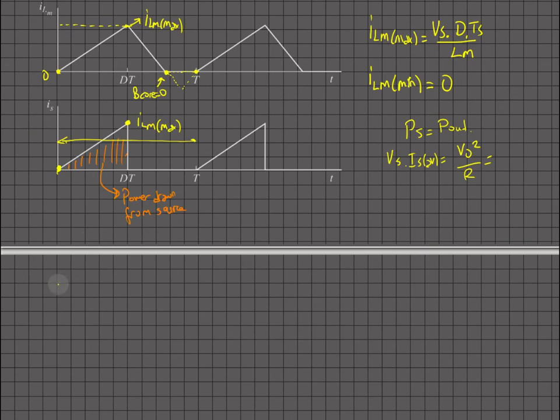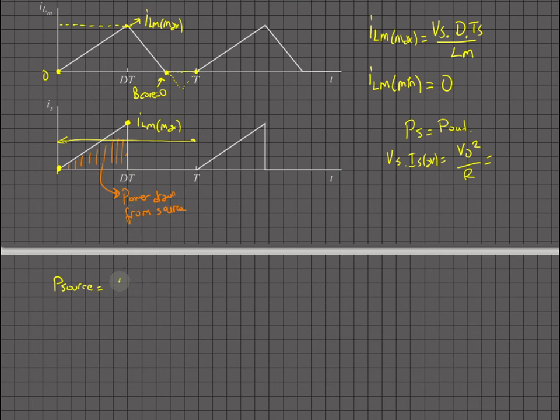So I can write the average P source, right? That area, remember, I need to multiply by the voltage, and that gives you the power. If I integrate power, that gives the joule, and if I divide it over that period, I will again find the average power.